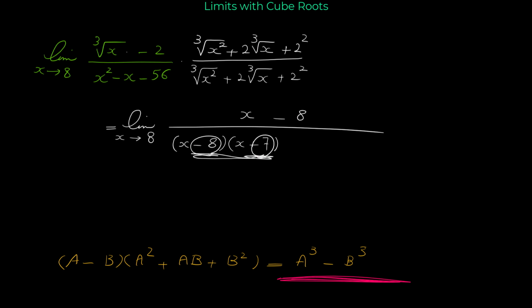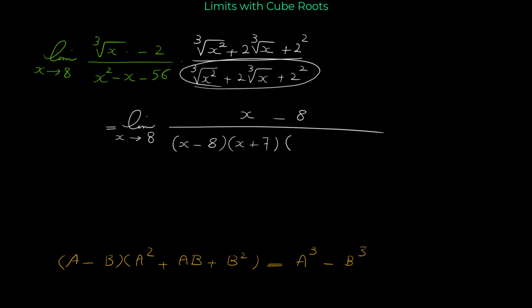Negative 8 times 7 is negative 56, and negative 8 plus 7 is negative 1. This is the way we factor quadratic expressions. And don't forget to put this also in the denominator: x to the 2/3 plus 2 cube root of x plus 2 to the 2, or 4.